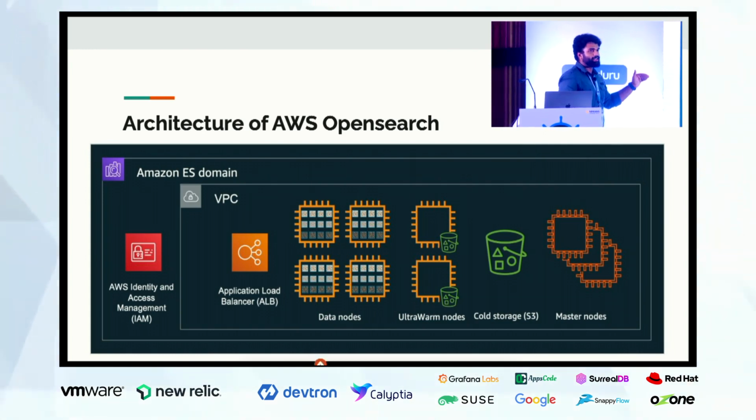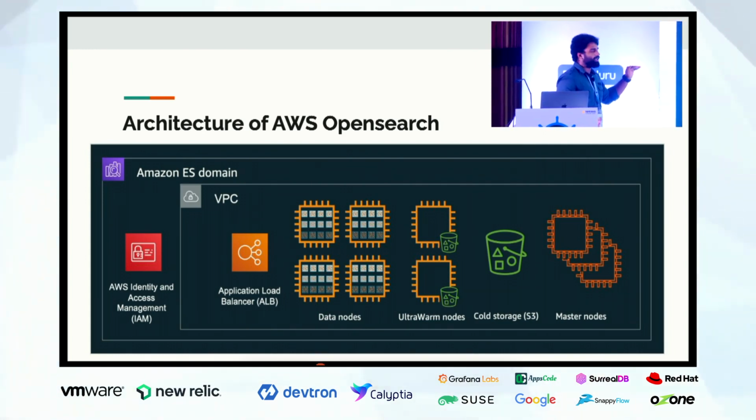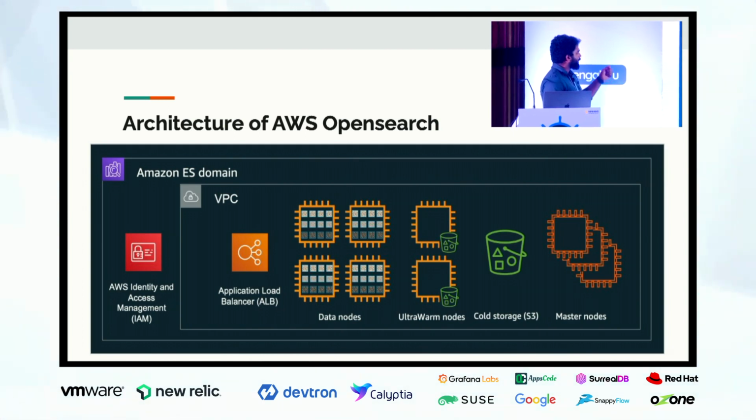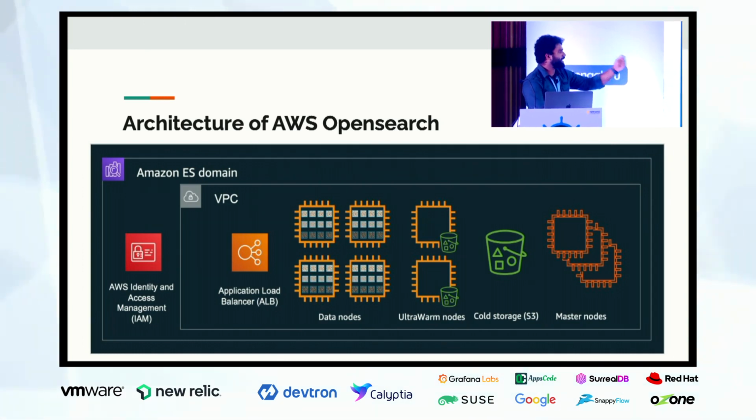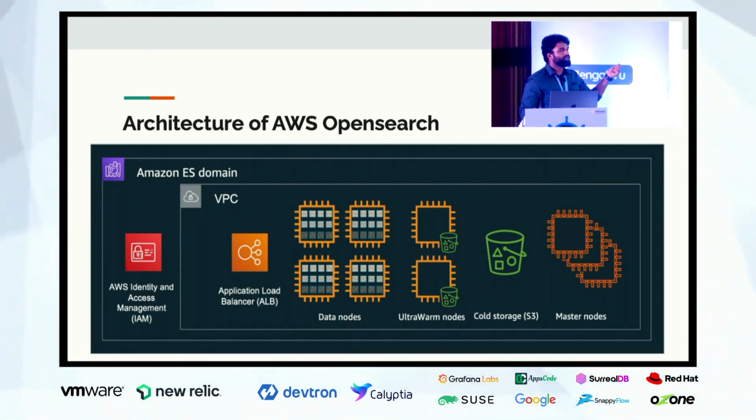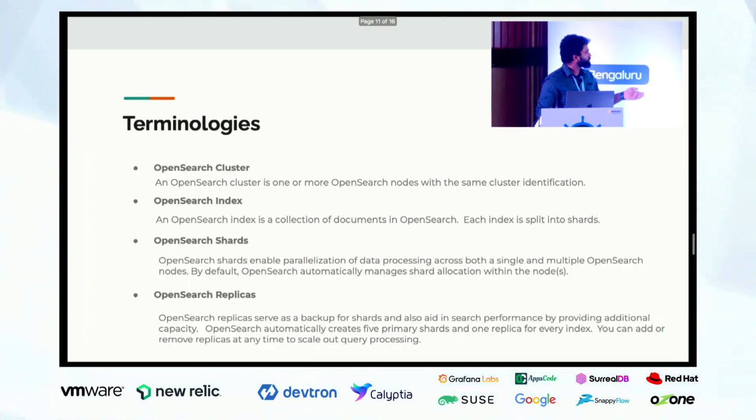We need at least data nodes to run OpenSearch. The Fluentd will connect to the ALB through the host URL that we specify, and that will connect to the data nodes, which help us view the data.